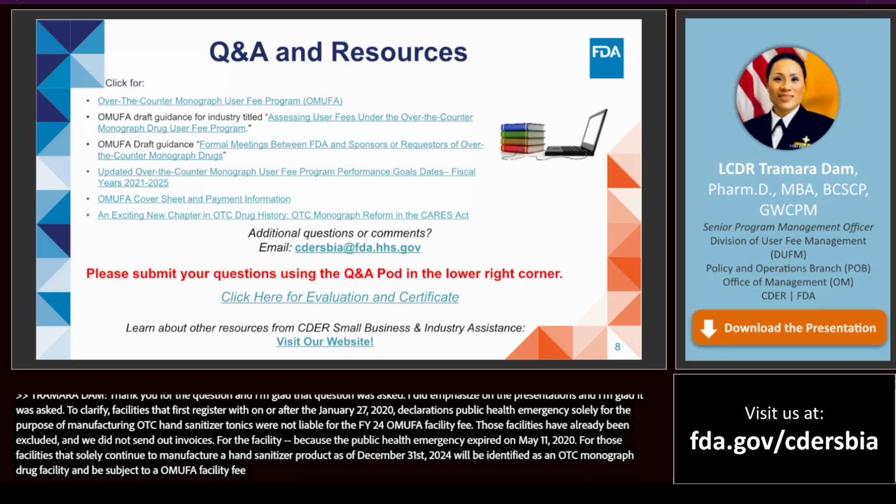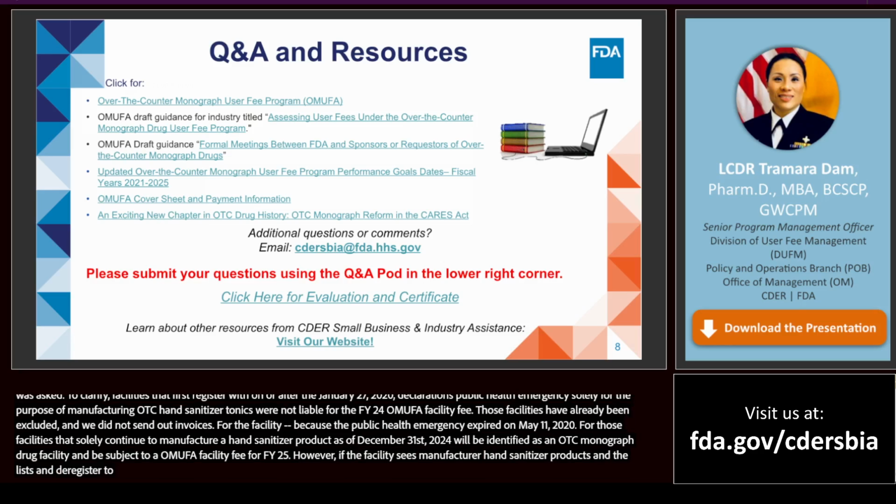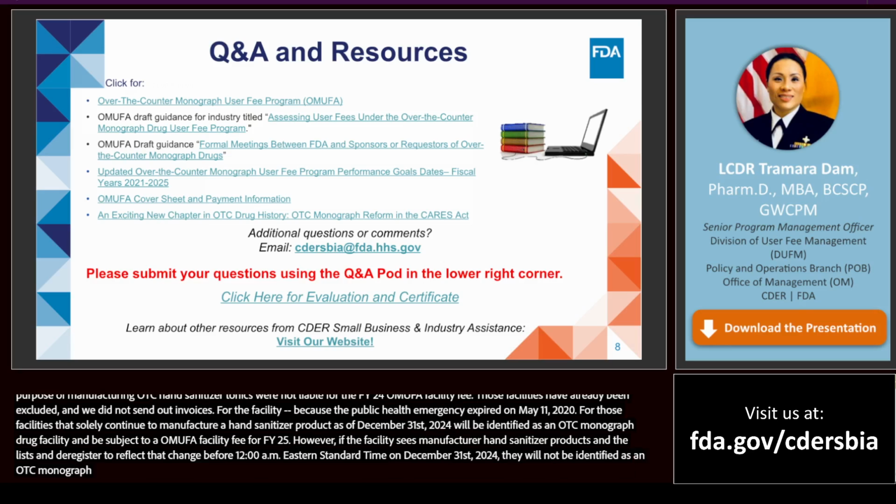However, if the facility ceases manufacturing hand sanitizer products and delists and deregisters to reflect that change before 12 a.m. Eastern Standard Time on December 31st, 2024, they will not be identified as an OTC monograph drug facility and will not be considered fee liable for purposes of the FY 2025 OMUFA facility fee.